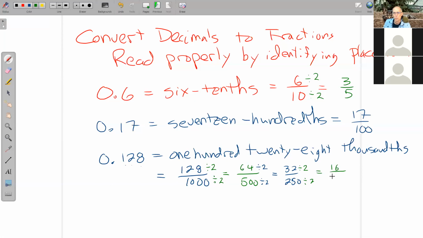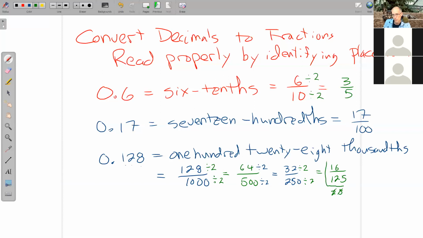16 out of 125. And 16 is even, 125 is not. Let's see, so 2 doesn't work anymore. Doesn't look like 3 is going to work. 5 doesn't work top and bottom. 5 squared is 25, which is bigger than 16, so I'm done looking.